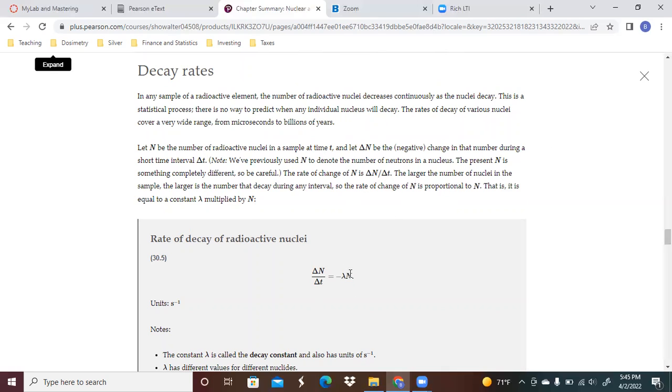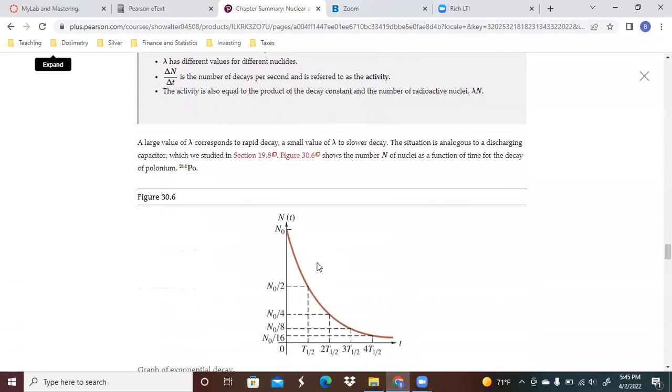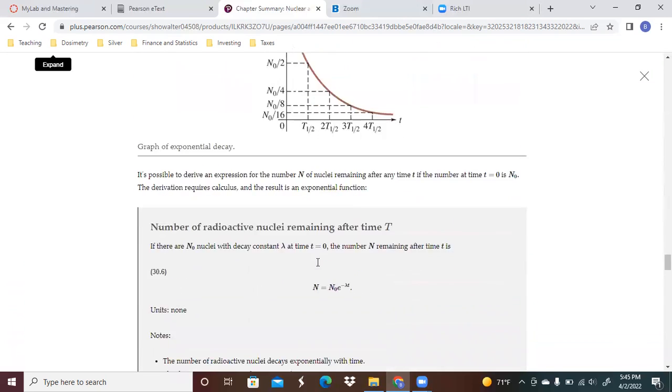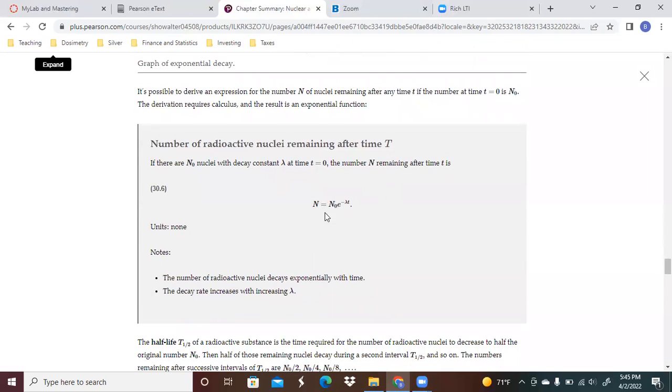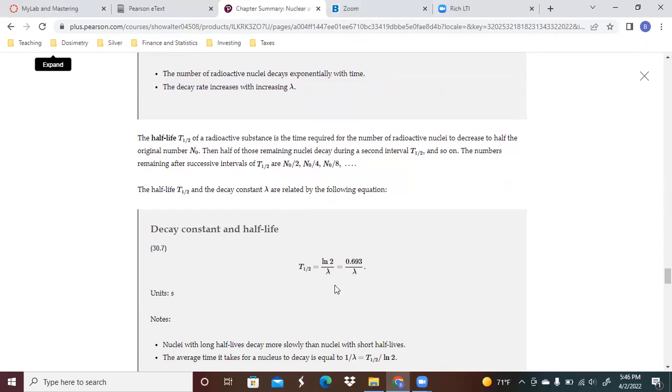So the rate of change is proportional to N, in other words, it's equal to some constant multiplied by N. If you go through and solve, doing some mathematics, you come up with this particular equation, which tells you the number of radioactive nuclei remaining after time t. The half-life and the decay constant are related in this fashion.